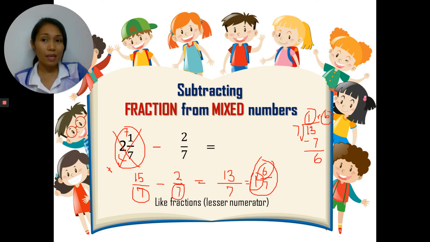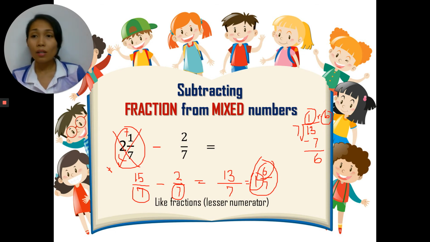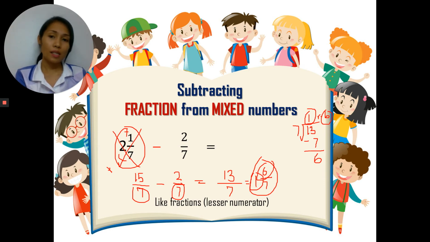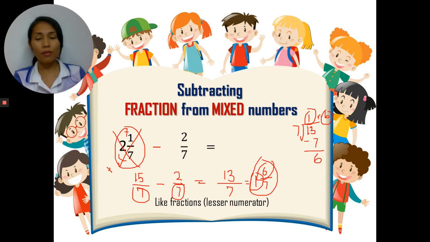I've been saying this again and again for you to not forget and to keep in mind how I do the process. That's the concept of adding and subtracting fractions with similar denominators, or mixed fraction and fraction.